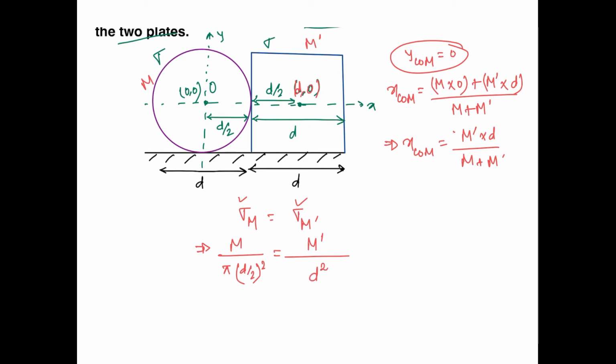D square and D square cancel, and the value of m dash comes out to be 4m by pi.